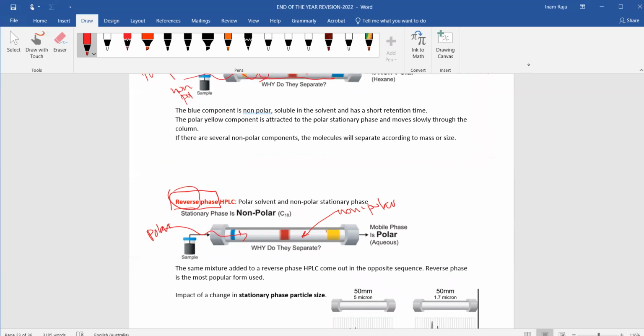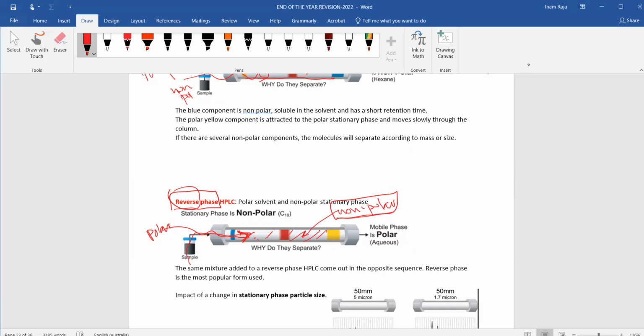Again, the inside column which is tightly packed is non-polar. It means that if your sample is non-polar, it will love the non-polar column and come out late. In reverse phase HPLC, because the stationary phase is non-polar, it will hold the non-polar back and let polar go.